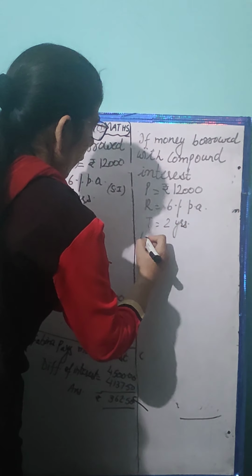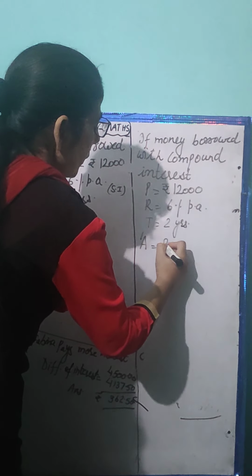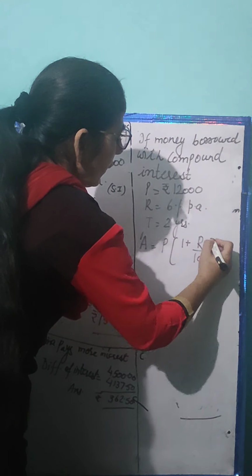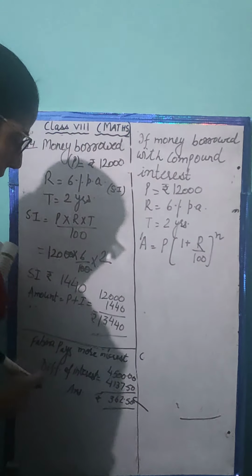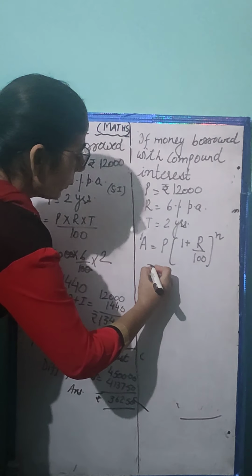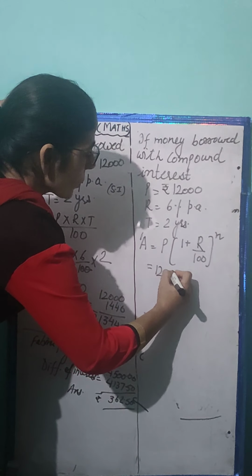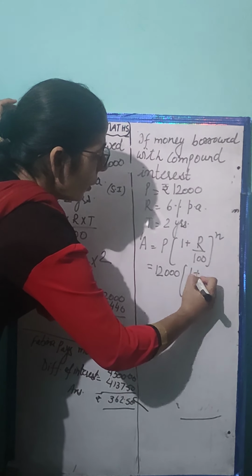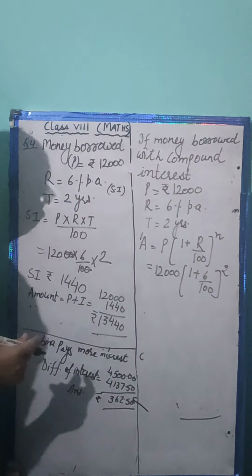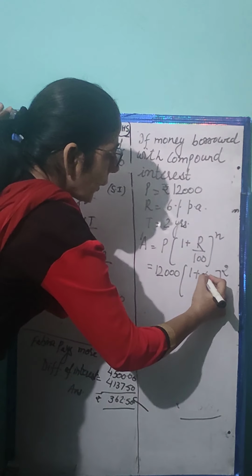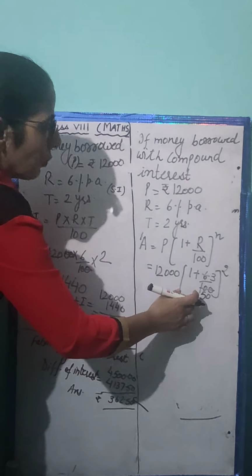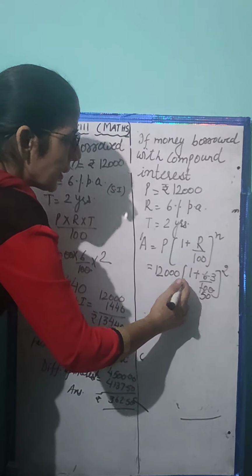So we have to find amount: P into 1 plus R by 100 raised to power n. Let us put the value and get the answer. A is equal to 12,000 into 1 plus 6 by 100 whole raised to power 2. 2 3s are 6 and 2 this 50. 50 once the 50 plus 3 is 53.